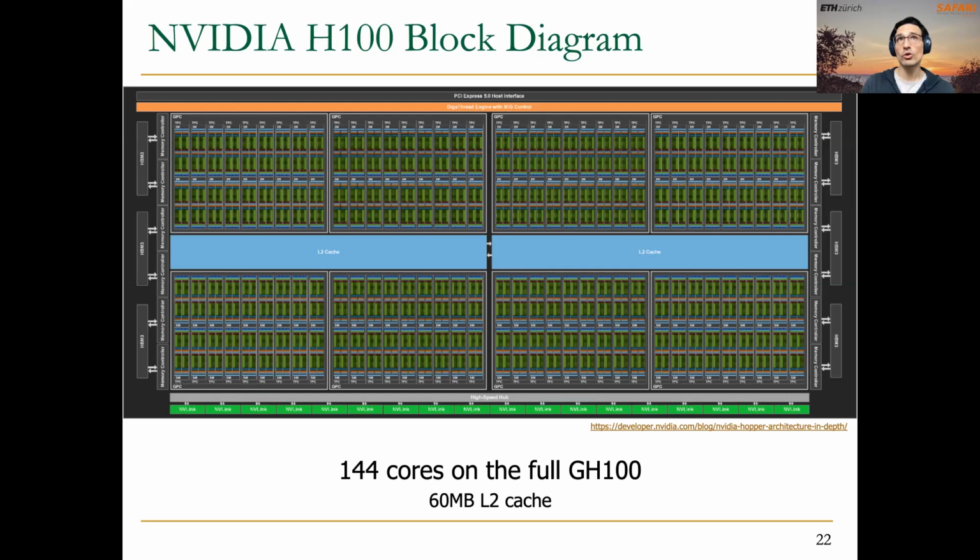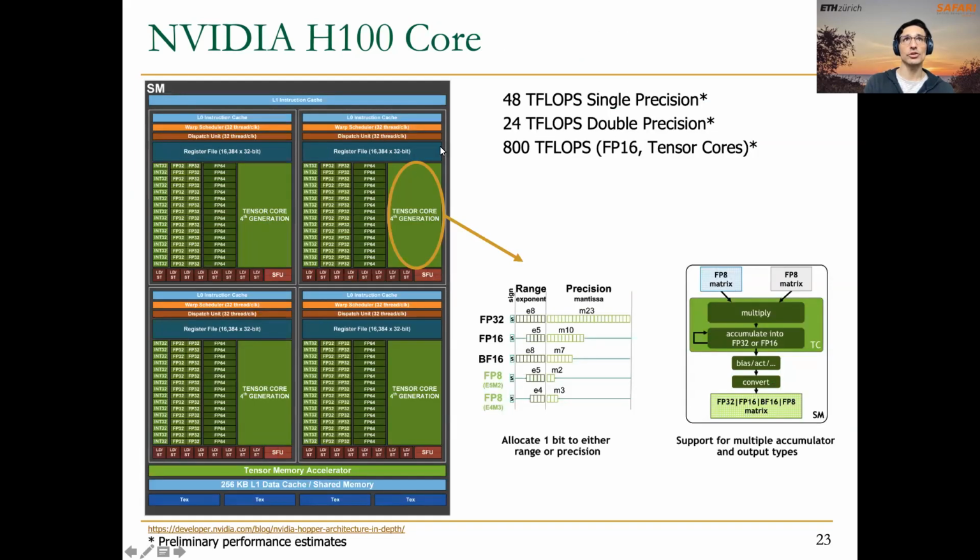And now if we go closer and take a look at the H100 core, we can already see here some of the memory spaces, like this L1 data cache and the shared memory. Observe that these two memories are actually sharing the same physical space of size 256 kilobytes.